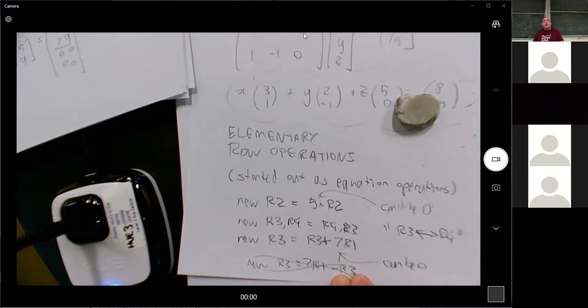To be an elementary row operation, the row 3 that you're adding to has to appear in the answer as the original row 3 unchanged with another row added onto it. So this here, 7 row 1 minus row 3, is not an elementary row operation because it's technically doing 2 things simultaneously. It's minusing row 3 and adding 7 of row 1.